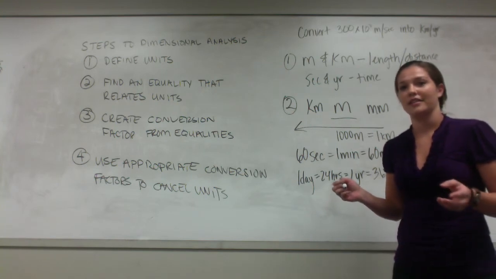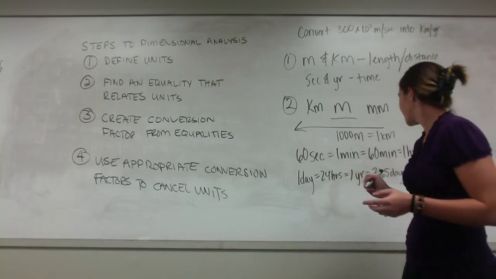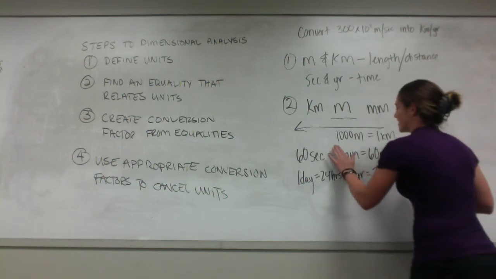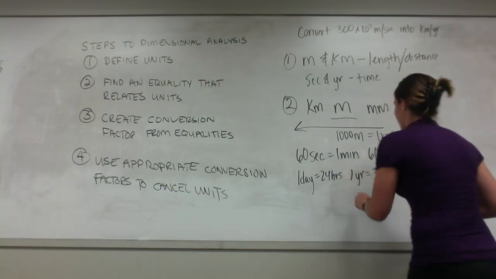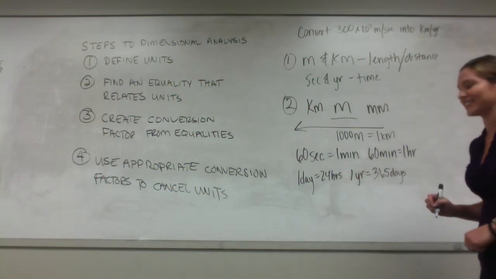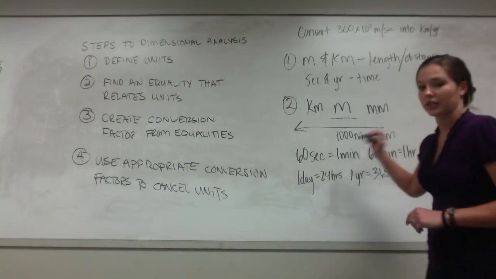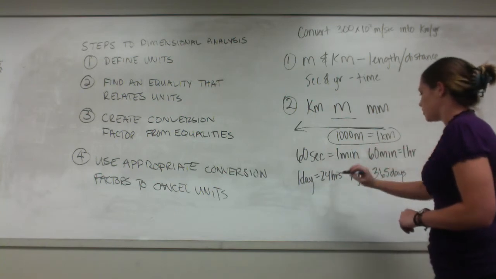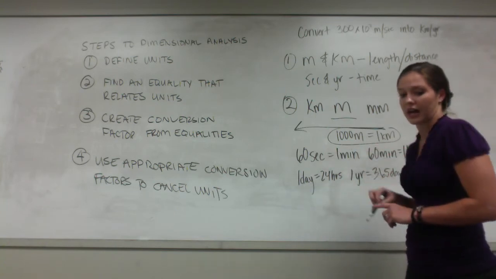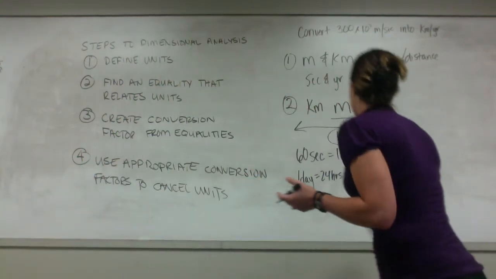What? 1 minute doesn't equal 60 minutes. I mean, oops, 60 seconds equals a minute, 60 minutes equals an hour, a day equals 24 hours, and a year equals 365 days. Sorry, got ahead of myself. All right, so here is our relationship. Here's our distance, and then we have a few different steps for our time. But like I said, time is something that everybody knows, so that's not as difficult.